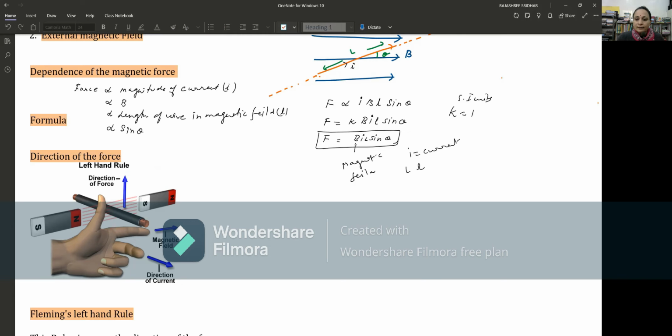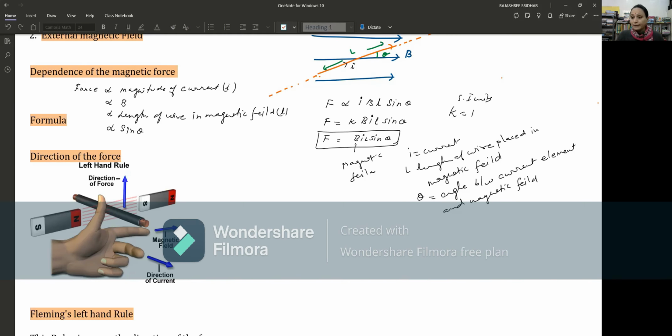L is the length of wire placed in the magnetic field. And what is theta? Theta is the angle between the current element and the magnetic field.